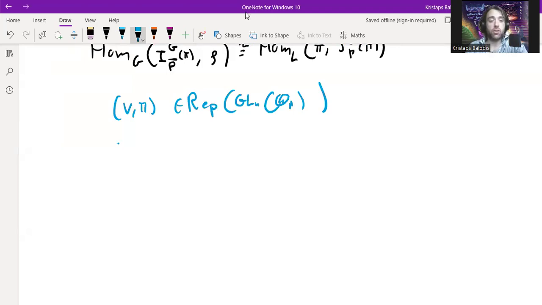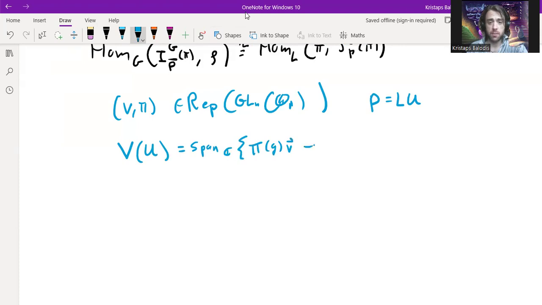And I'm going to define the space V_U. I'm going to suppose that I have a parabolic, which factors as LU. V_U is going to be the complex span of everything of the form pi(u)v minus v, where u runs over all of U and v runs over the entire vector space.